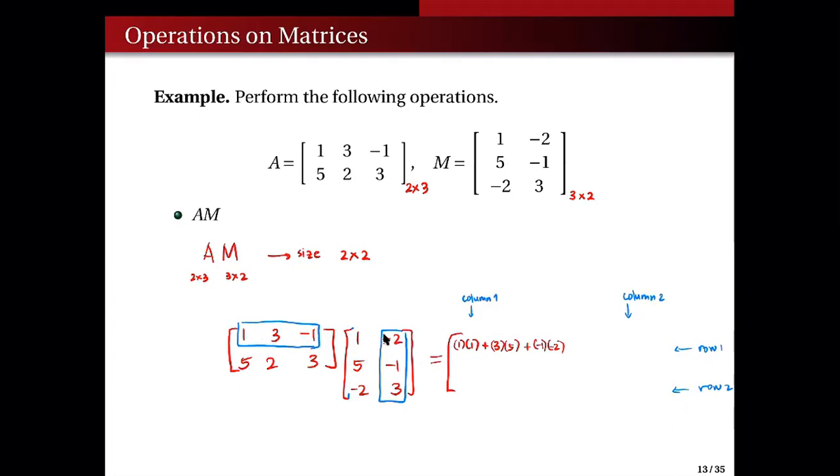So we will have 1 times negative 2, plus 3 times negative 1, plus negative 1 times 3.